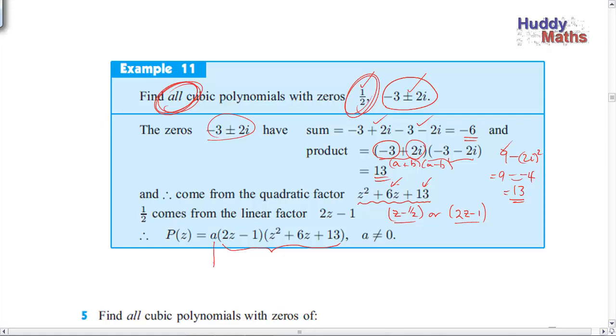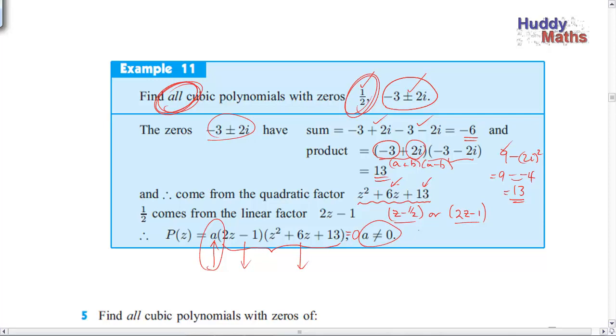Because you could have a whole family. Any scalar, any ordinary number, multiplied by that polynomial would have the same zeros, wouldn't it? Because if we put this equal to naught, then either this would be naught or this would be naught, giving us the zeros that we started with. This would not have any impact on the zeros, because it is a constant, and it's not going to be a zero constant, because the whole thing becomes zero that way.